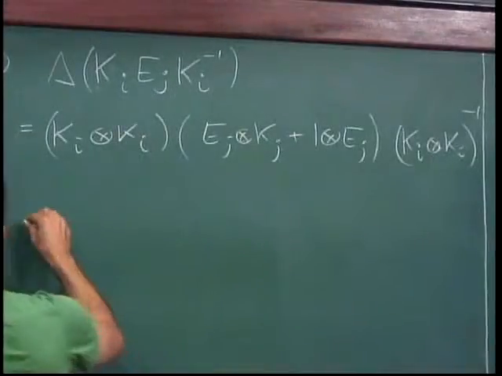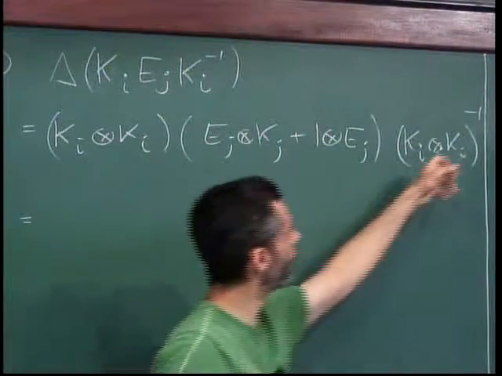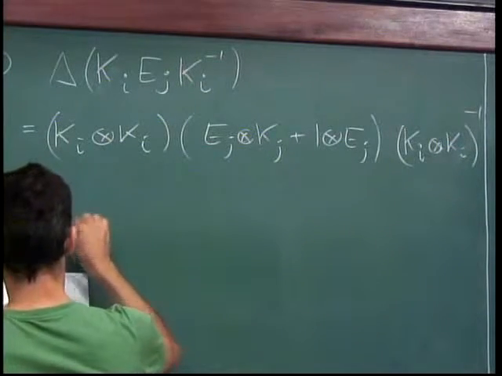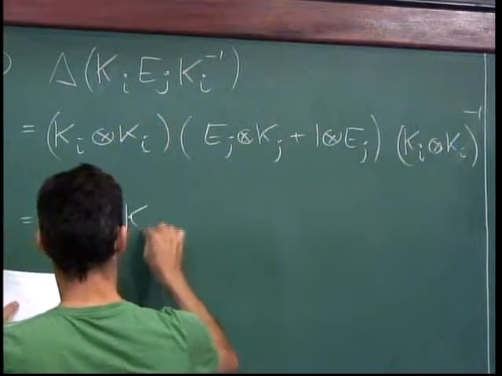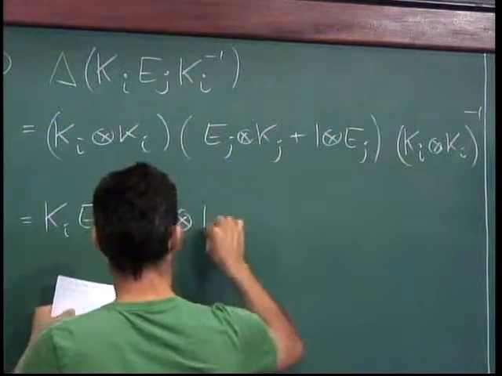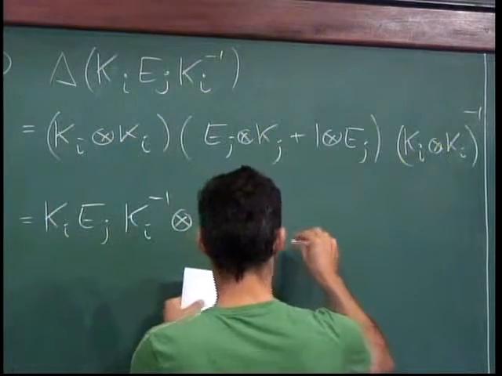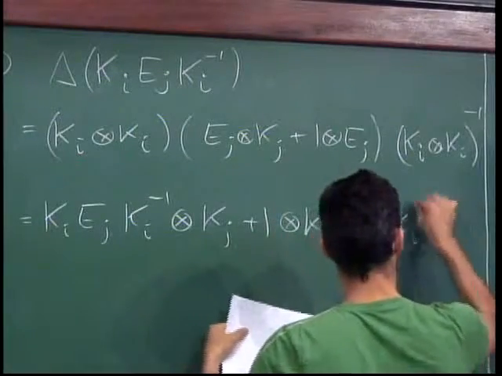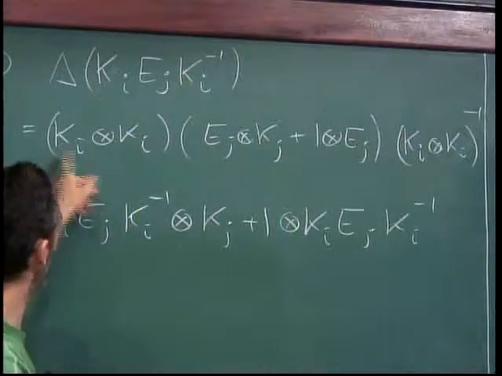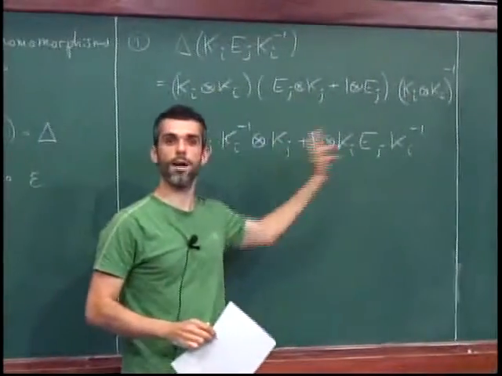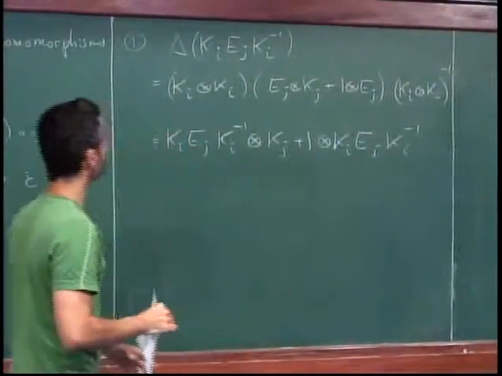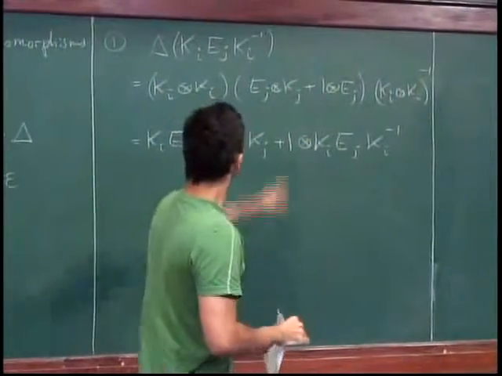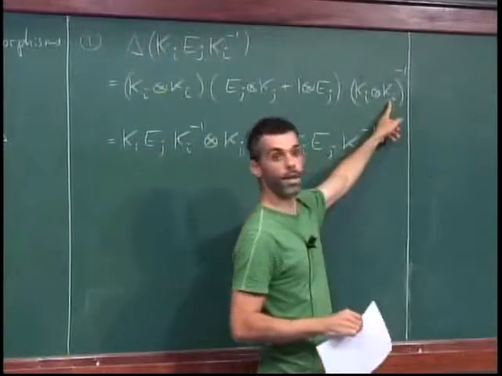Well, let's work out what this is. That's an elementary tensor that has a sum of two things. That's one thing. So you get two terms, and the terms look as follows. K_i E_j K_i inverse tensor K_j plus 1 tensor K_i E_j K_i inverse. You just multiply all the left-hand sides and all the right-hand sides and put them here and there. So for example, this K_j is K_j times K_j inverse.